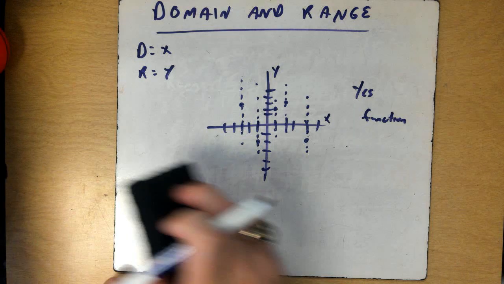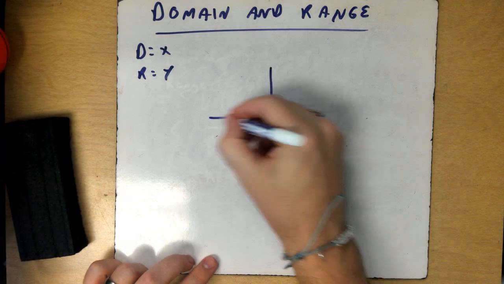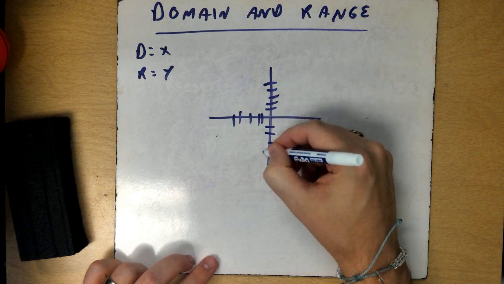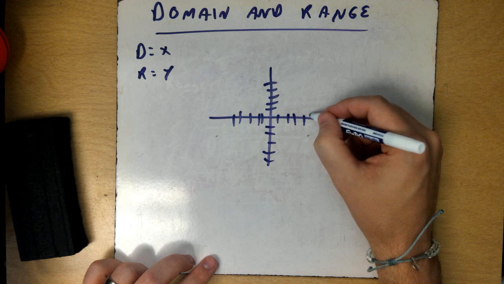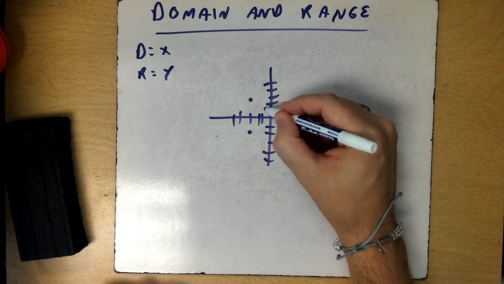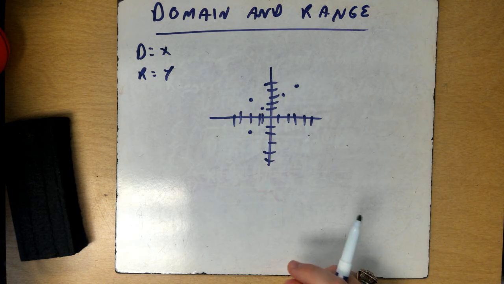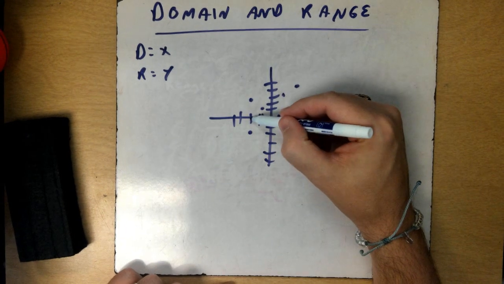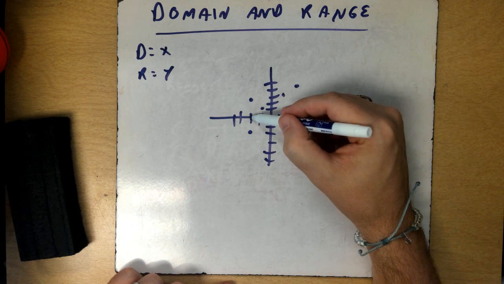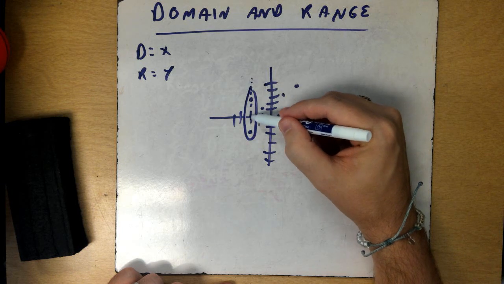If I were to draw another one, with a point here, here, here, here, and here, my first two points are on the same x, the same vertical line going down.